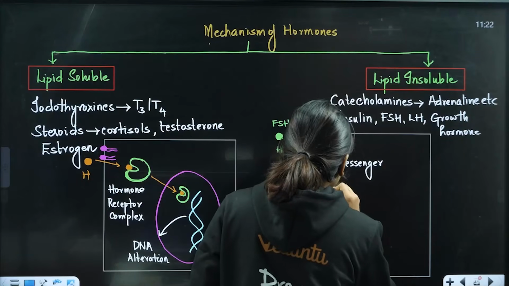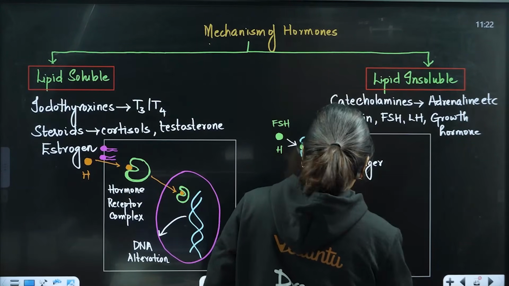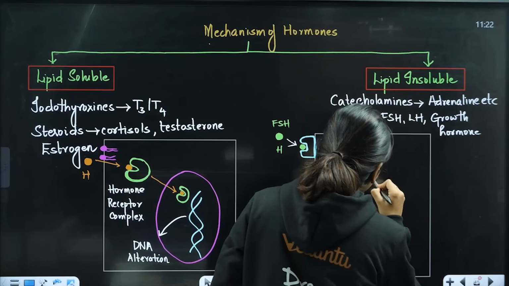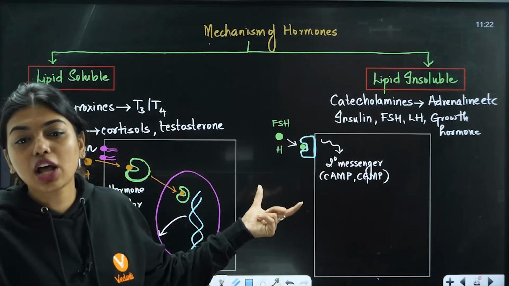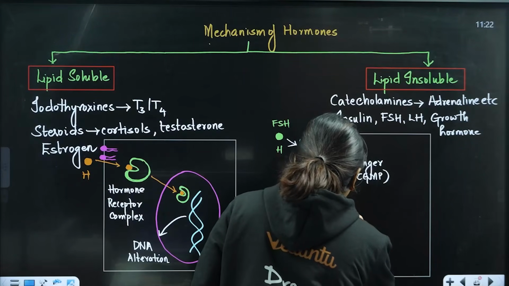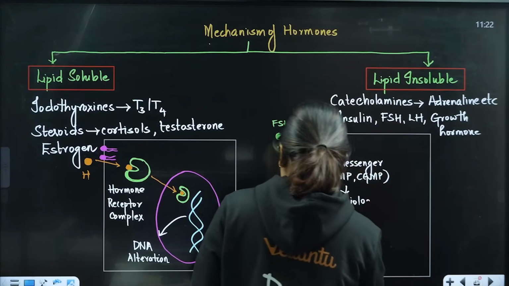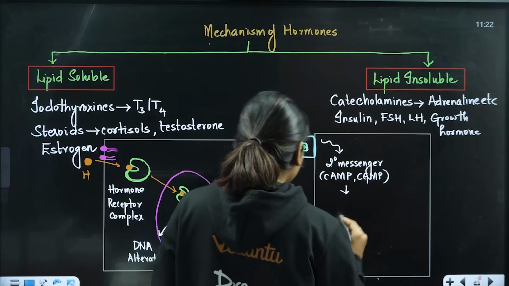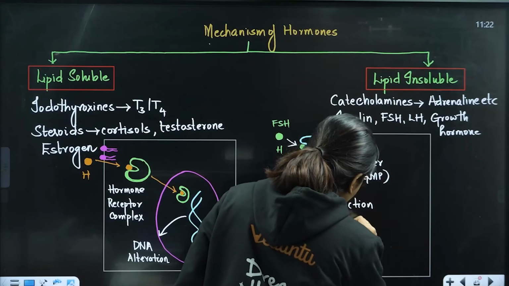You can take cAMP, cGMP, these are all just examples. Secondary messengers are now going to make the physiological changes, or we can say biochemical reaction first, then later the physiological responses.